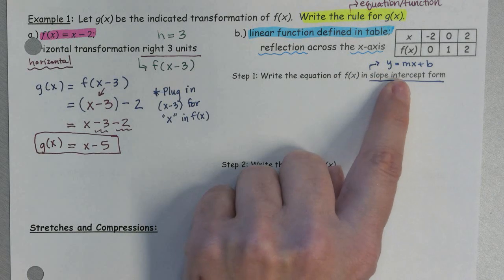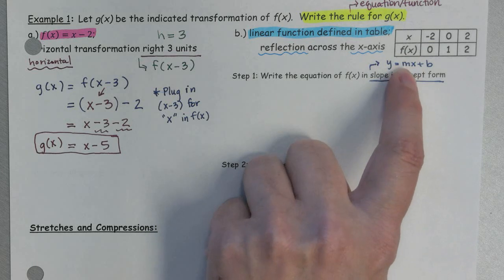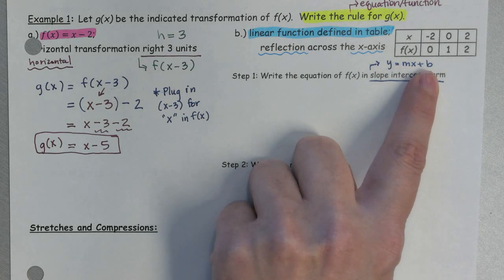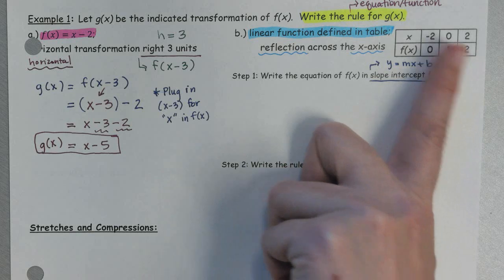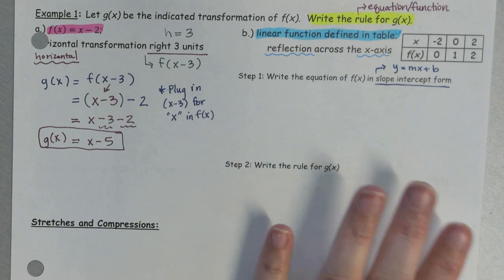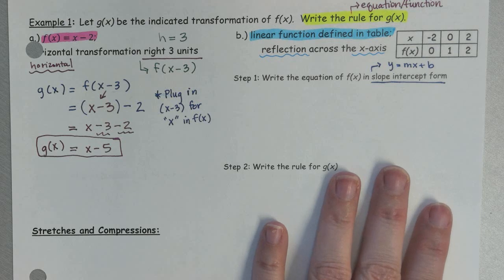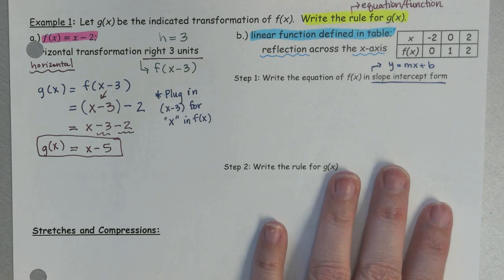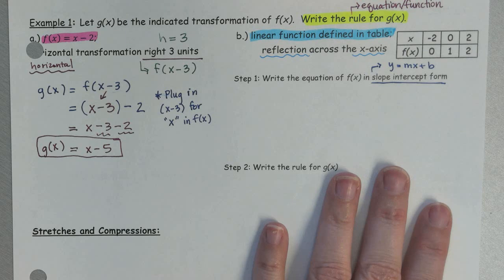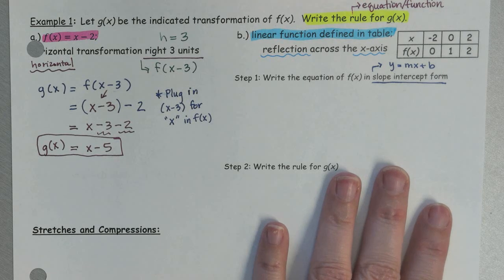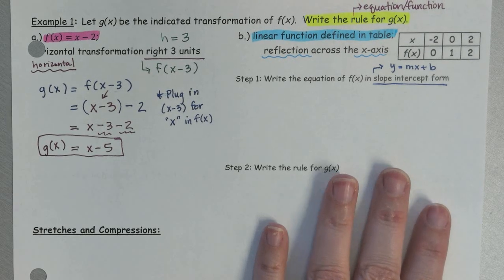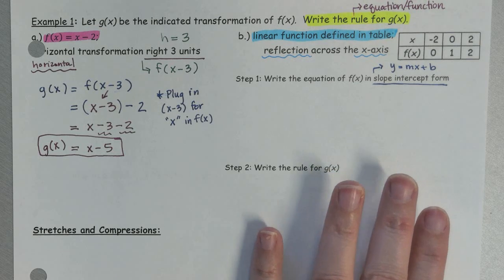So for slope-intercept form, all we need is the slope and the y-intercept. Okay? Do we know any of those right away from looking at the table? Yeah, well, which one do we know? What intercept do we know? Yeah, Deshaun?